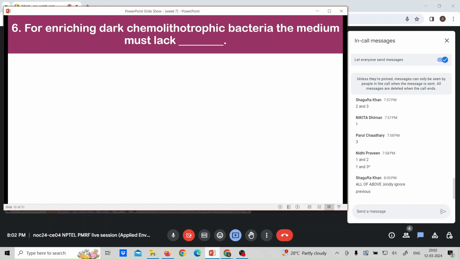So next question is, for enriching dark chemolithotrophic bacteria, the medium must lack what? Dark chemolithotrophs, in the sense they require dark conditions, they do not need light. Other than that, for chemolithotrophic, you can just rewind or recollect what I had told a few minutes back.